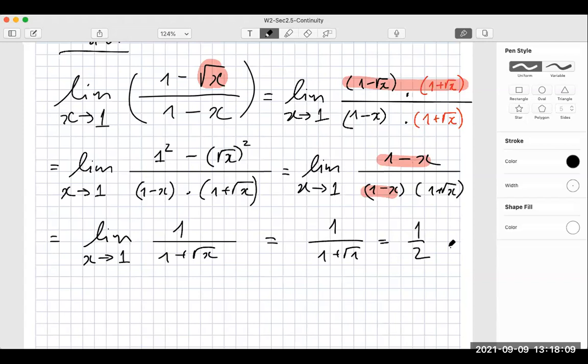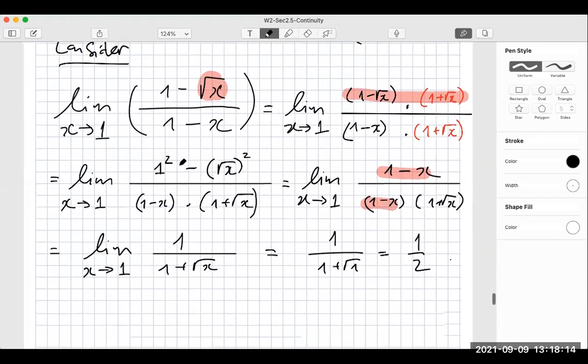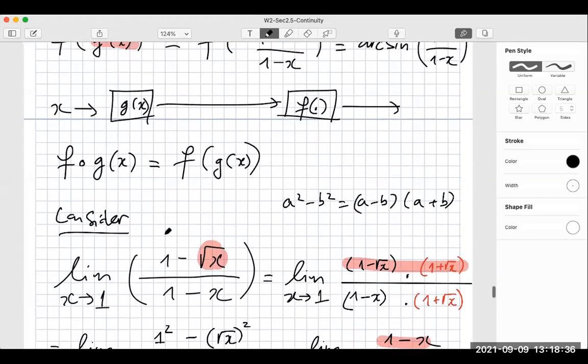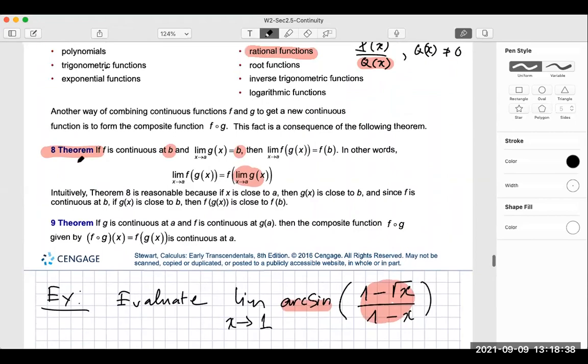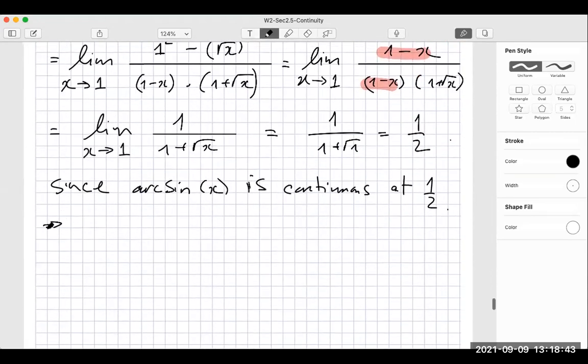Thank you, good job. So at 1/2, now we consider whether the arcsine function is continuous at this point. It is continuous at 1/2, right? Then we can apply the theorem. Then you get the arcsine of 1/2.